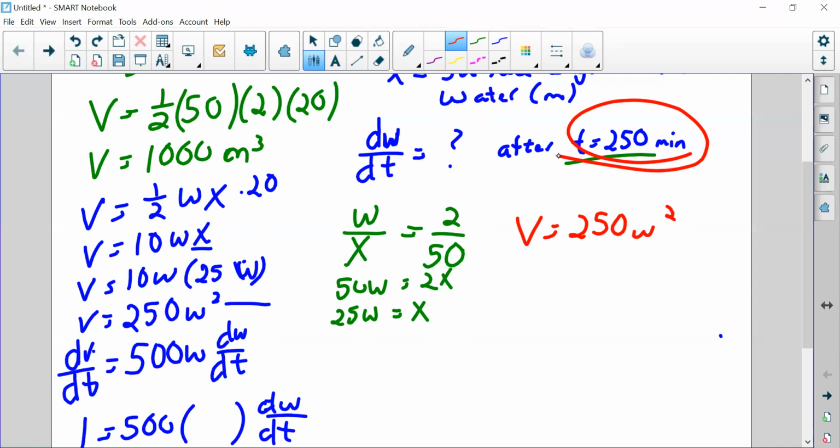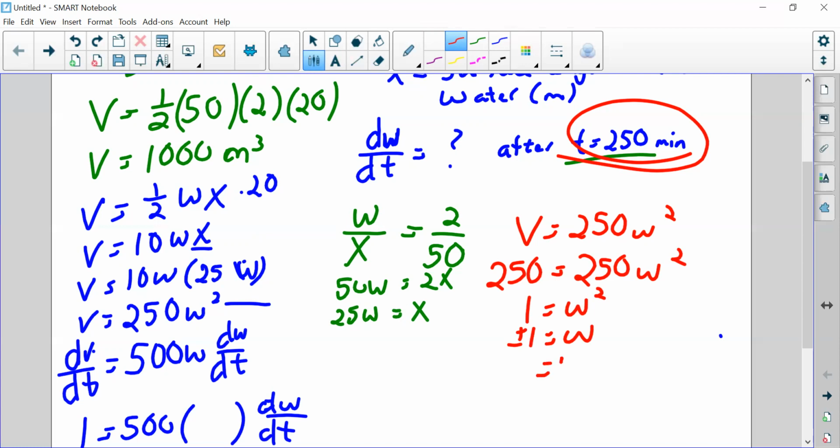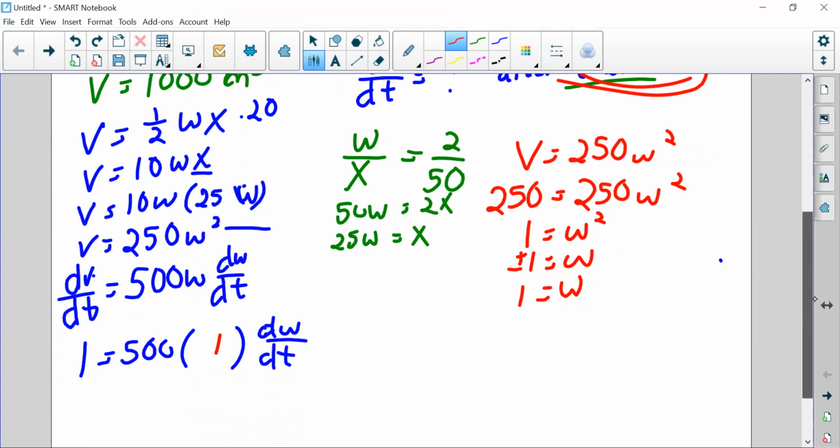So after 250 minutes, my volume is 250 cubic meters. So I have 250 equals 250W squared. So 1 equals W squared, W is equal to plus or minus 1, but which one only makes sense in this problem? The plus, because that's the water height. It doesn't make sense that the water would be negative. So W is 1.